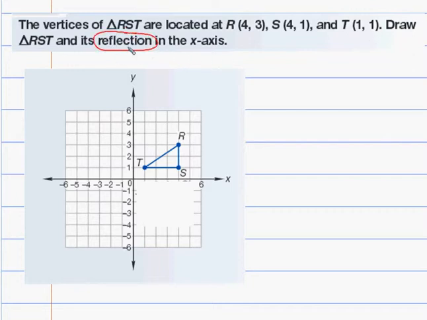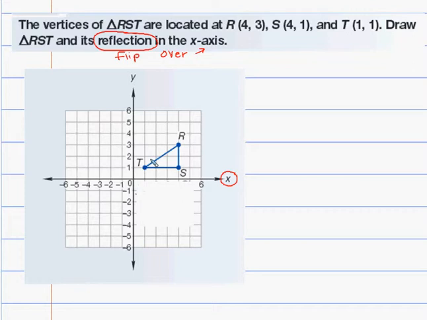Okay, so it's being reflected or flipped over the x-axis. So reflection in the x-axis and flipping over are the same thing. So the x-axis is here, and so we have to put this triangle down here, and it has to flip over it.